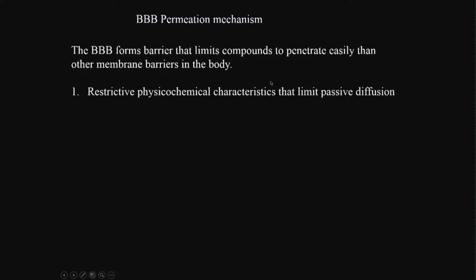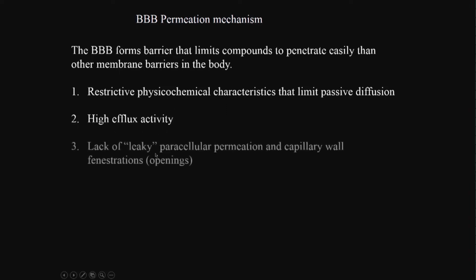Restrictive physicochemical characteristics limit passive diffusion, so it does not allow passive diffusion to happen. High efflux activity: there are a lot of P-gp type efflux systems which throw out whatever compounds enter. It has a very high set of efflux pumps inside.